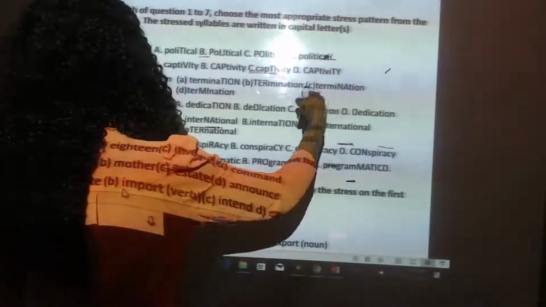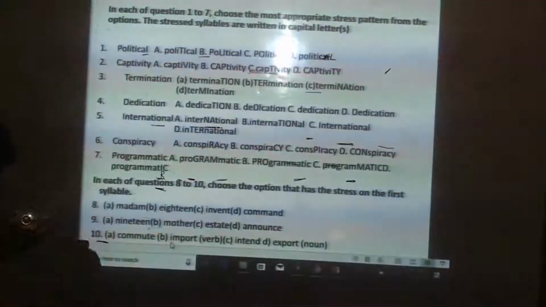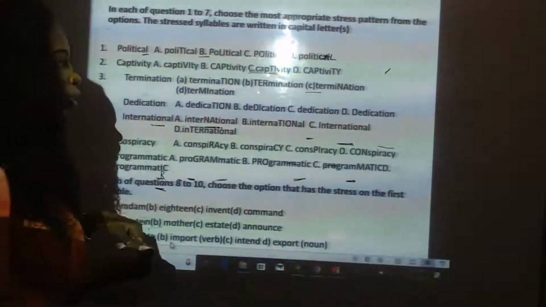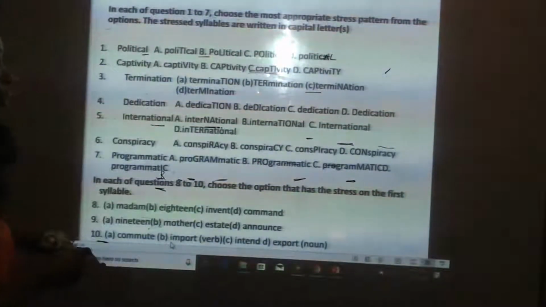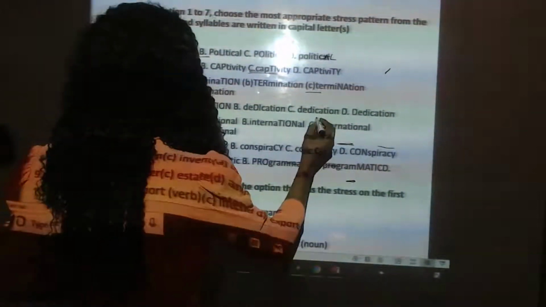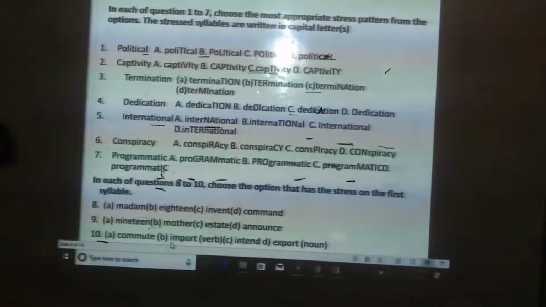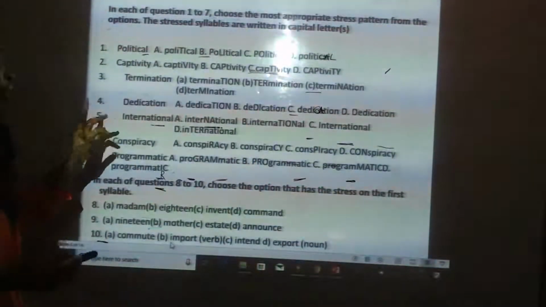Nay is the second to the last, that means it is the right answer. Also, for number 4, we have dedication. Therefore, the answer will be on K, option C, cation, because it is the second to the last syllable.